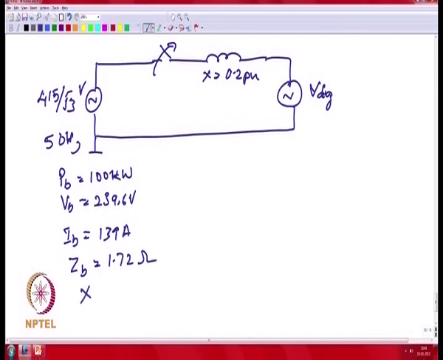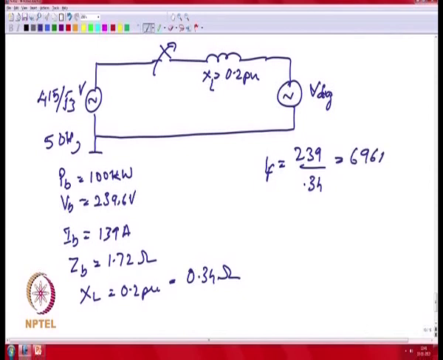So, your XL of 0.2 per unit is 0.34 ohms. So, if your I fault is 239 volts by 0.34, it is 696 amps RMS.